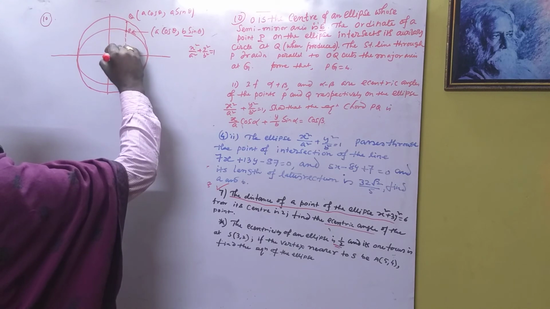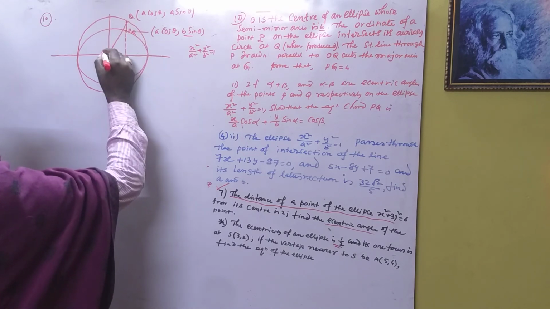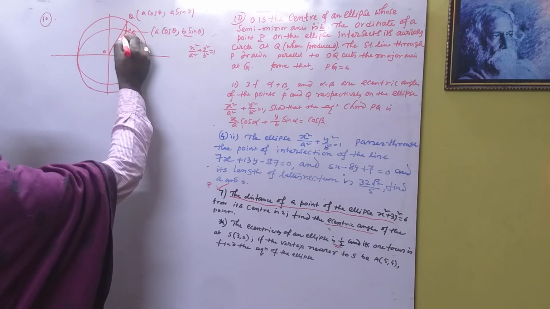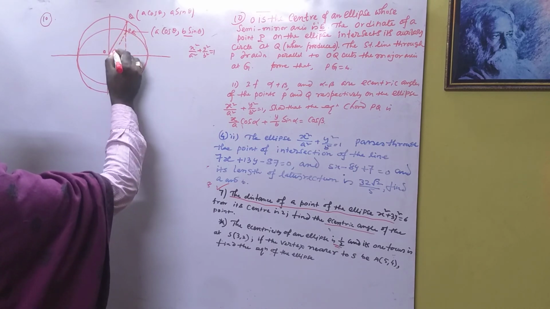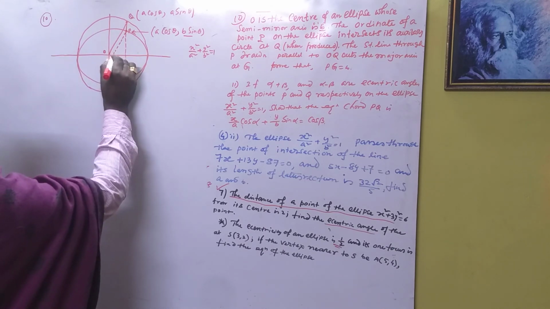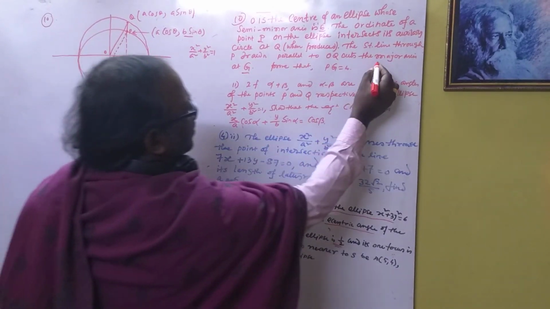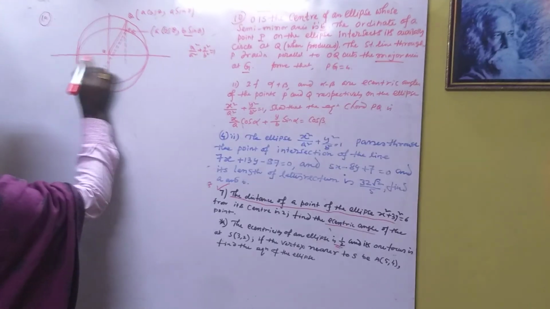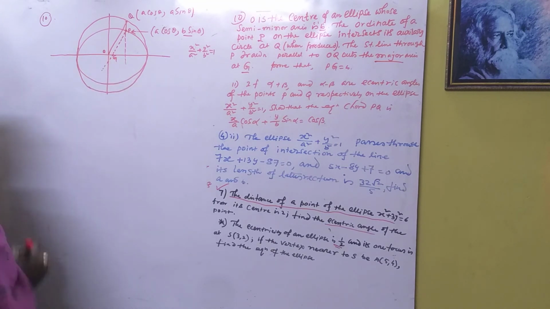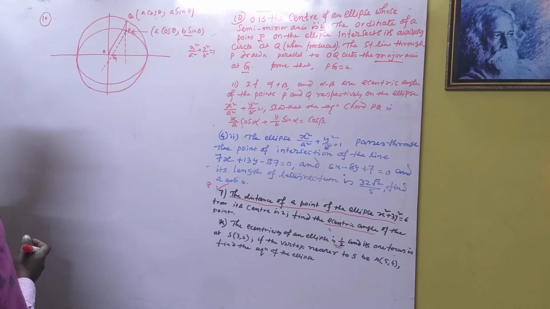If we join this OQ, okay, this is O, and the parallel line intersects the major axis at G. Now we find the value of PG, and this is drawing a parallel according to the statement.